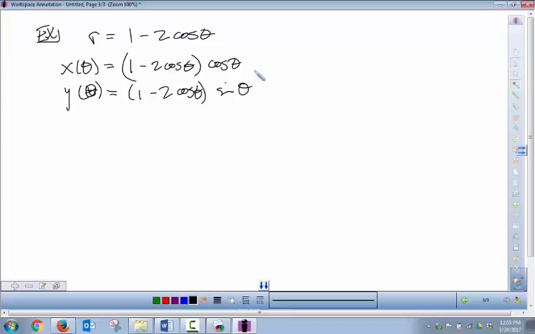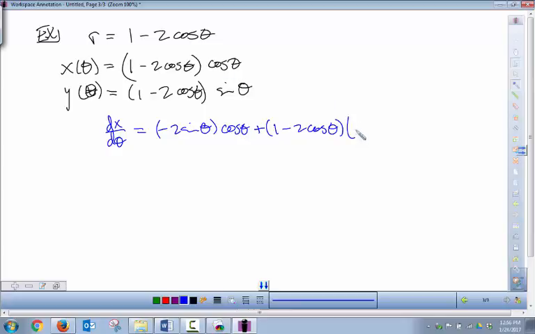So we need derivatives of these things. dx d theta: derivative of the first. Derivative of cosine is negative sine, so minus 2 sine theta. Derivative of 1 is 0. So it's derivative of the first times the second plus the first times the derivative of the second.